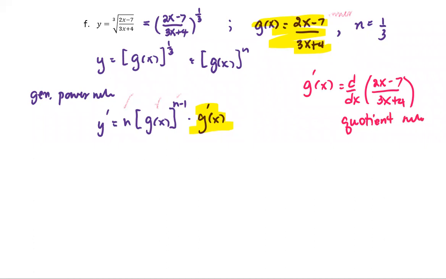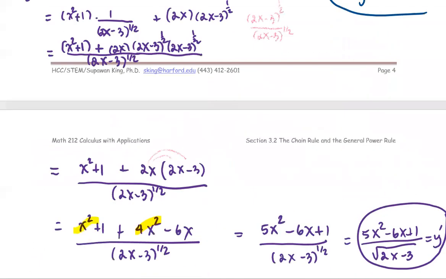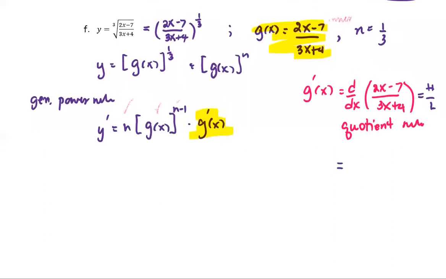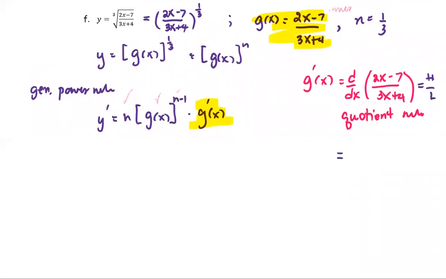When we work on the quotient rule, most problems refer to this function as a high function divided by the low function. So the formula for the derivative of the quotient is low d high minus high d low, draw the line, and low squared.